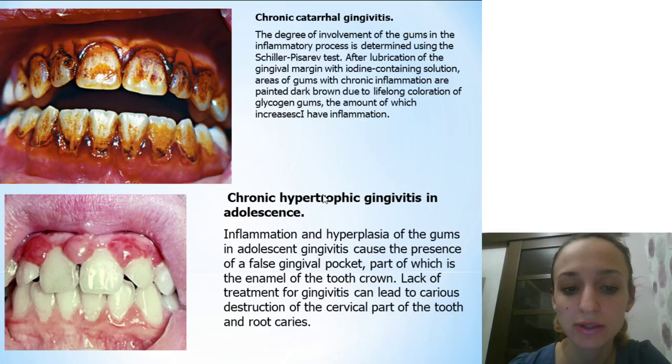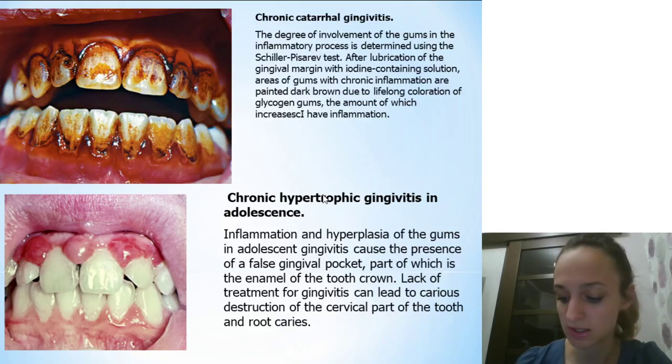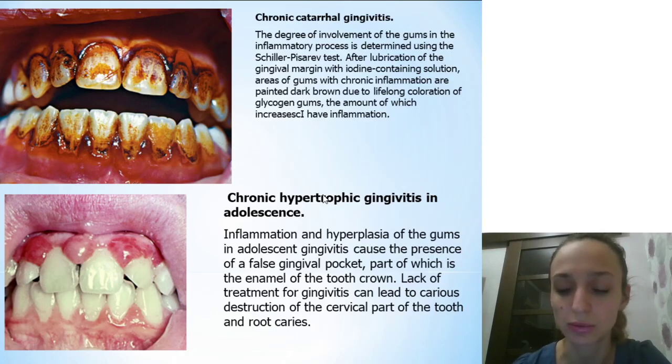For example, mineralized dental deposits, supragingival or subgingival dental calculus or tartar, also have a negative influence on the condition of periodontal tissue. We spoke about this in our lessons.